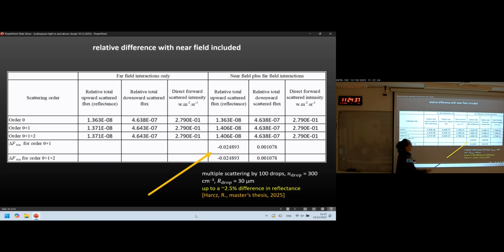We find a fractional difference, a relative difference of 0.02 with a negative sign. That means the clouds are less reflective by 2.5%. 2 or 2.5% less reflective when we include the near field.